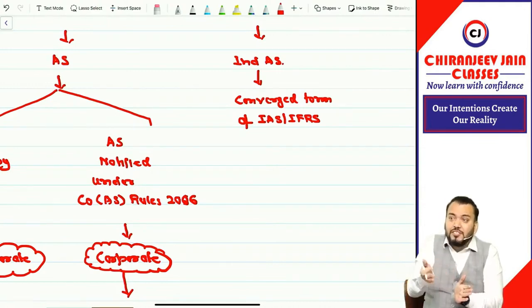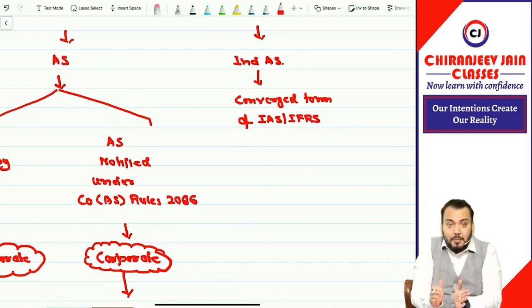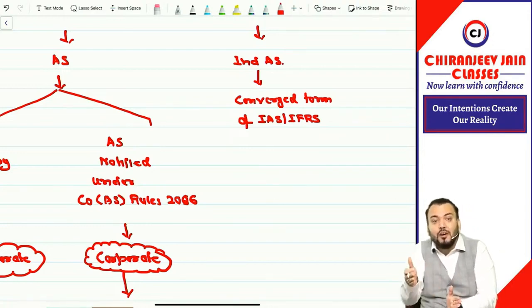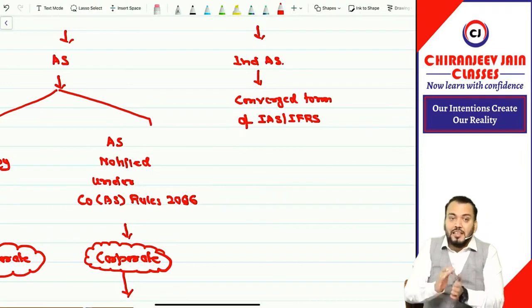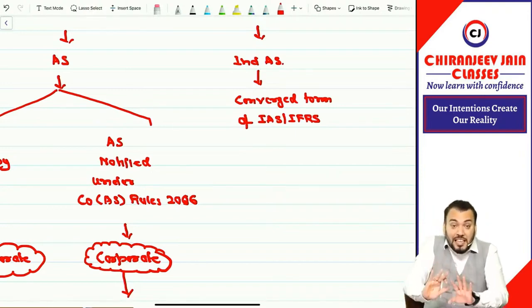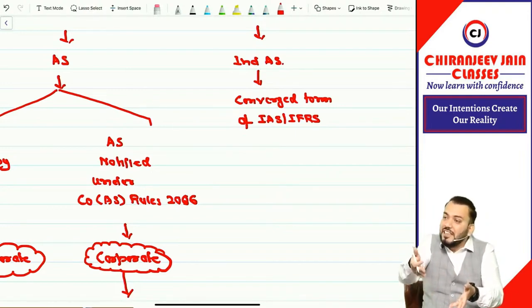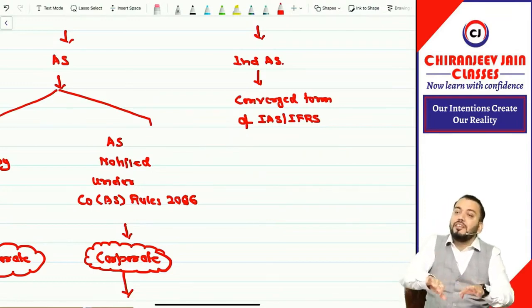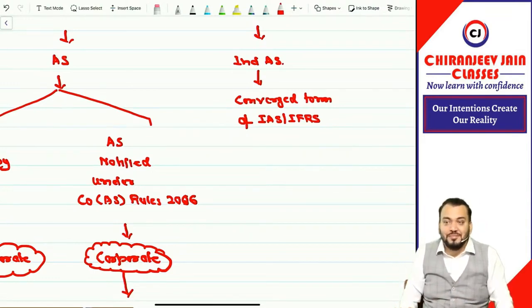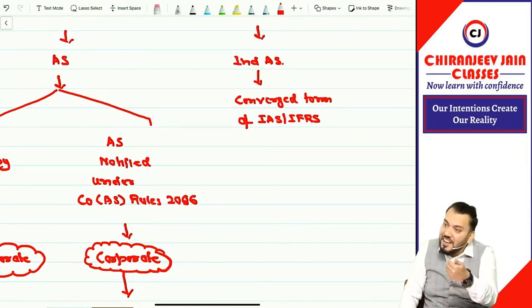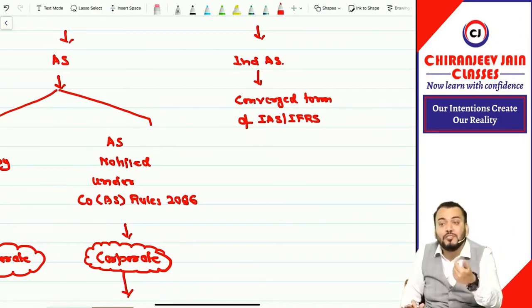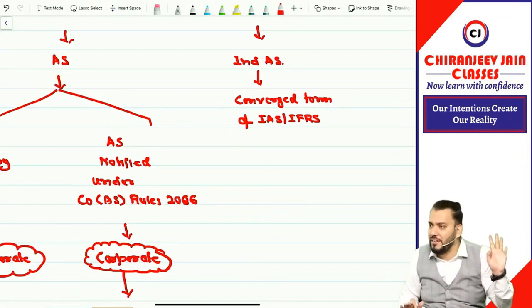What is the meaning of converged? It has not been totally adopted, means India has not adopted this IFRS. India has taken this IFRS but has converted it as per the requirement of the Indian economy. So I will say there is some difference between Ind AS and IFRS also. There are some changes there also, but it is a converged form. 95% it remains the same only.